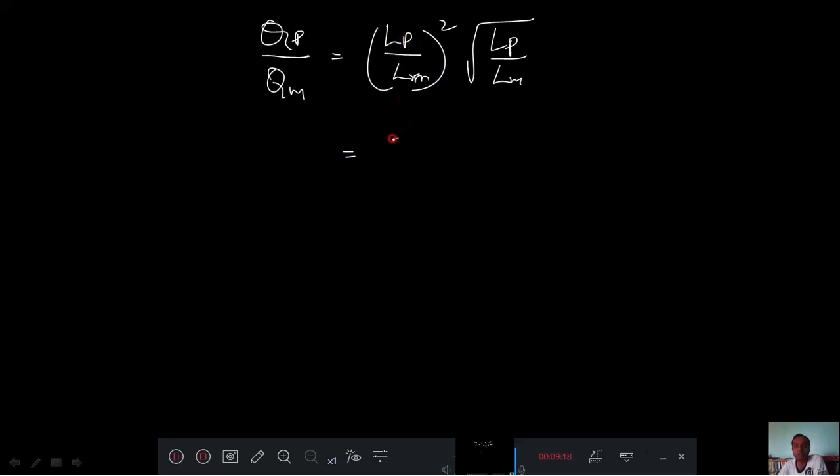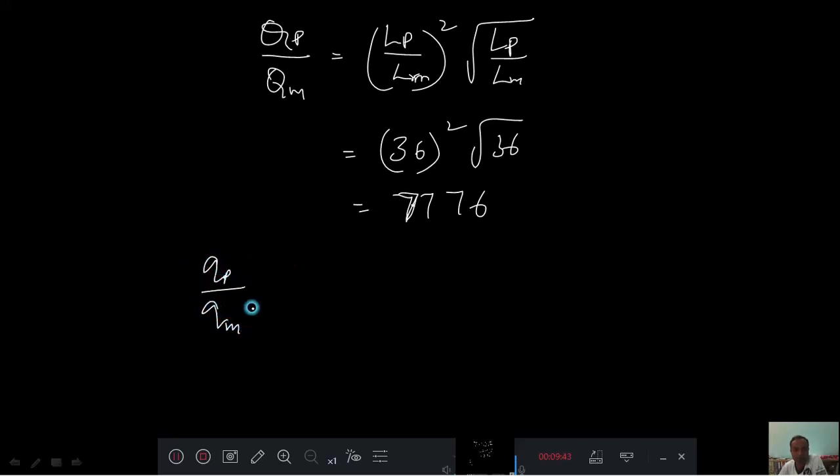Then Lp by Lm is 36, so square root 36. The answer is 7776. We got this ratio. Then we want small qp by small qm, and small qp means capital Qp by Lp divided by capital Qm by Lm.